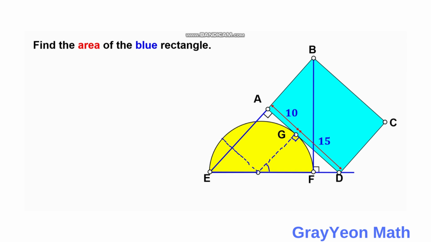Let's call this angle alpha, and this is beta. And since we have drawn a perpendicular line to this secant AE, that is perpendicular.